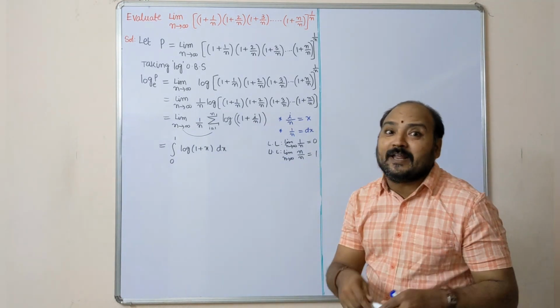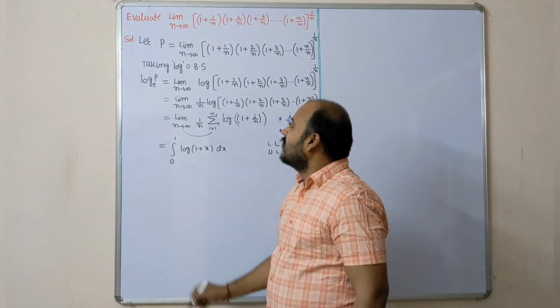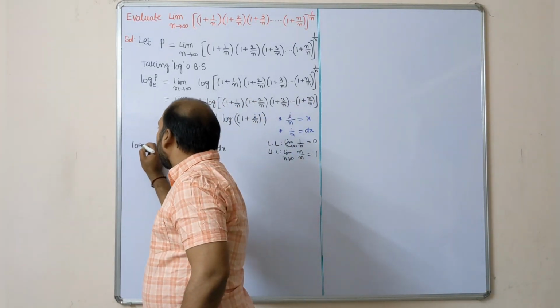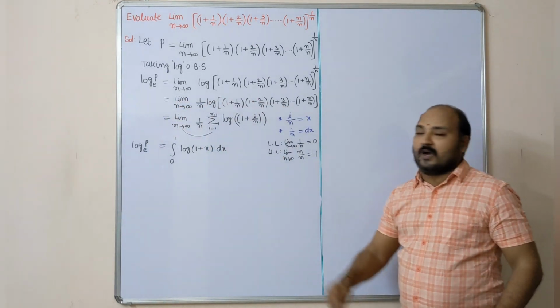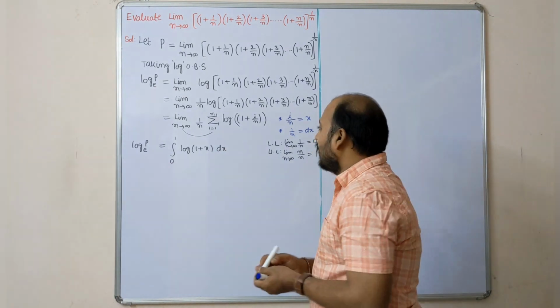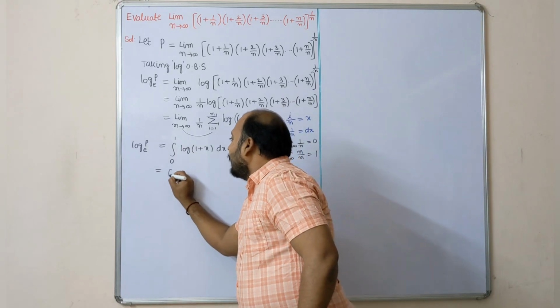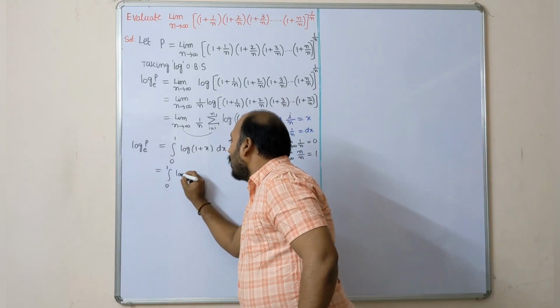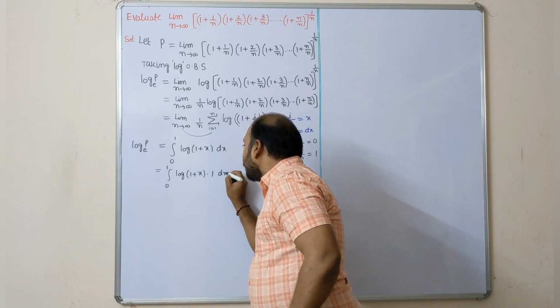We know that in the procedure of integration, log is to the base e. The integral from 0 to 1 of log of 1 plus x dx is the integral from 0 to 1 of log of 1 plus x into 1 into dx.